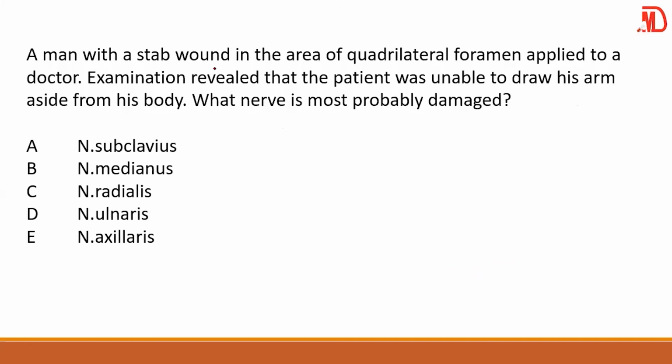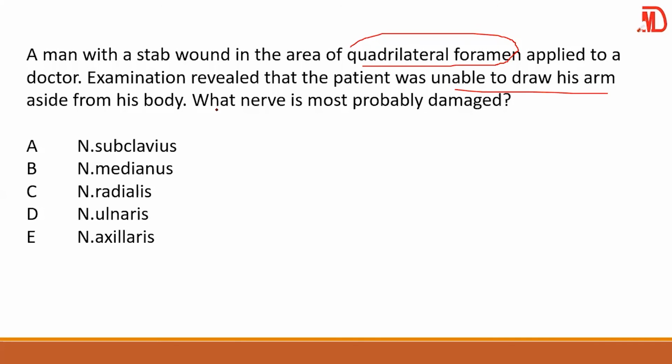A man with a stab wound in the area of the quadrilateral foramen applied to a doctor. Examination revealed that the patient was unable to draw his arm aside from his body. That means abduction was impaired. So what nerve is involved? We are looking at the deltoid muscle, which is involved in abduction.